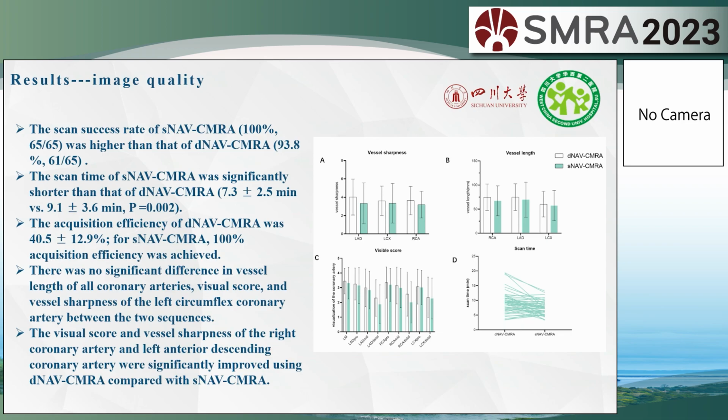There was no difference in vessel length of all coronary arteries, visual score, and vessel sharpness of the left circumflex coronary artery between the two sequences. The visual score and vessel sharpness of the right coronary artery and left anterior descending coronary artery were significantly improved using diaphragmatic compared with the other one.